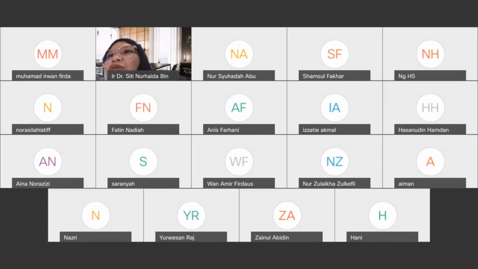For module 1, Dr. Hazwani and Dr. Muzaffar also gave us one assignment. Same topic but different type of content. Yes, same topic, still aircon, green system.